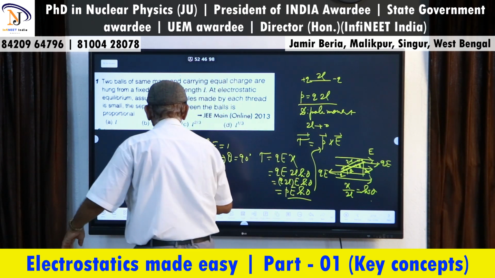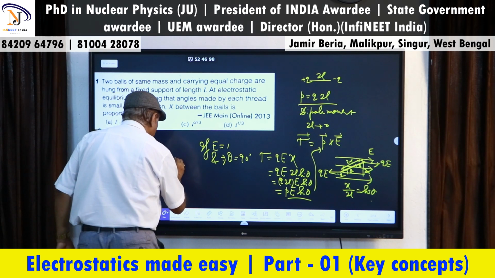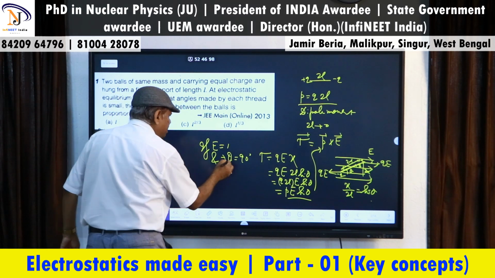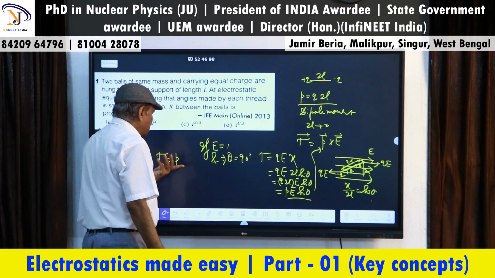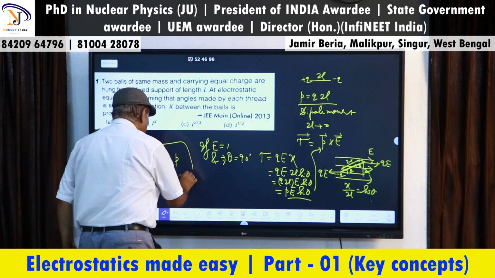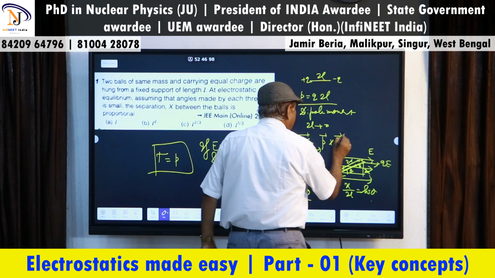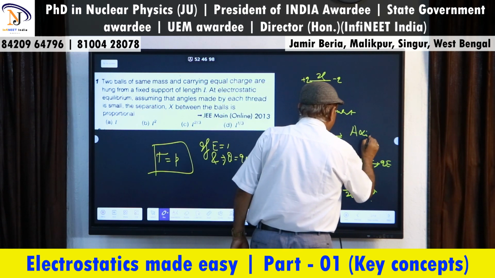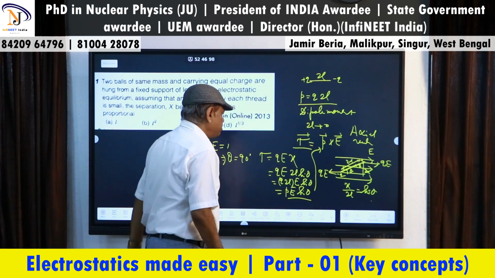So tau equals P, because E equals 1 and sin 90 degrees is 1. What type of vector is it? It is called an axial vector. Okay, axial vector. So I am wiping out this portion.